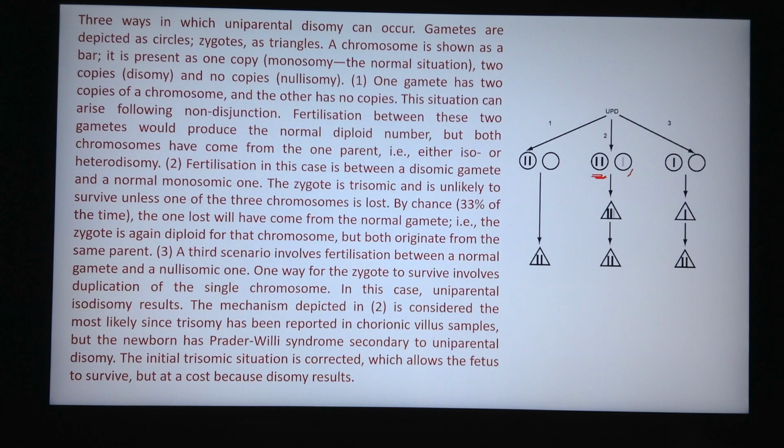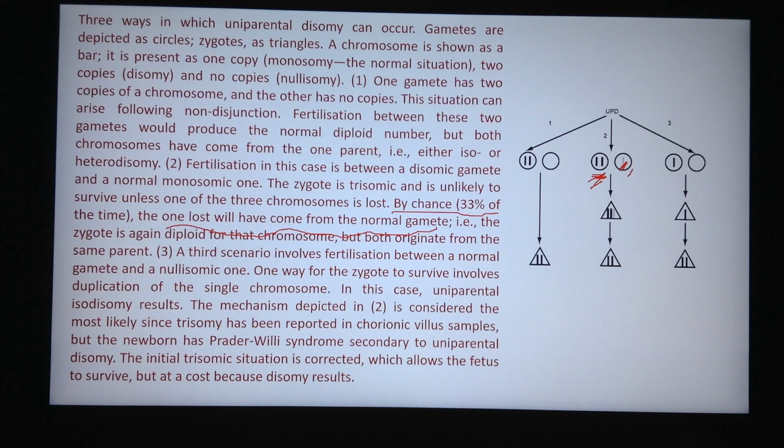So this is a disomic gamete and this is a normal monosomic one, and the zygote becomes trisomic. By chance, 33% of the time the one lost will have come from the normal gamete.